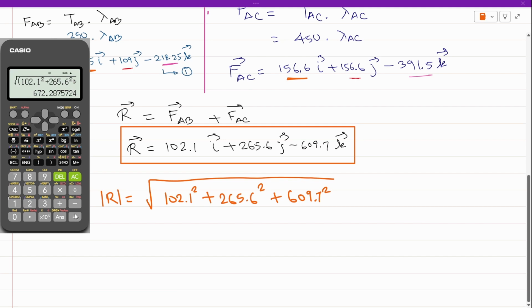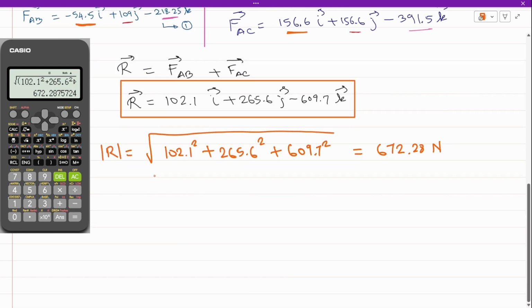So we are getting 672.28. So the total value is 672.28 Newton. This is the resultant of the two friends.